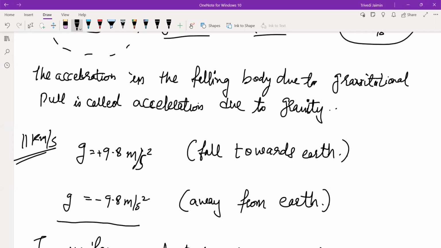Who can run 500 meter per second? Bullet train speed. Sir, Usain Bolt takes like 10 seconds for 100 meter, so how can he travel 500 meter per second? That is not possible.